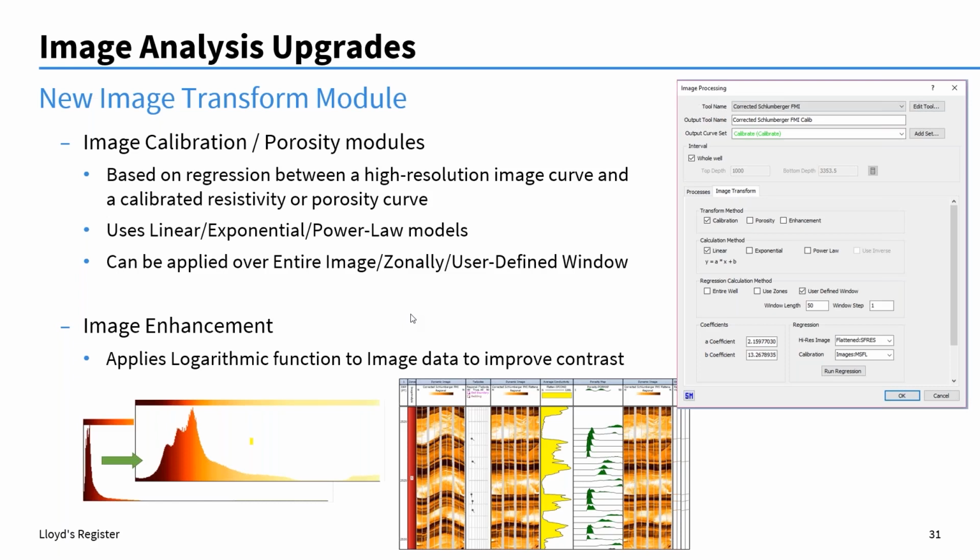We've included this image porosity module there as well, because basically it's the same logic being applied, except that we're cross-plotting it with a porosity curve, a neutron density curve, for example, neutron density porosity.